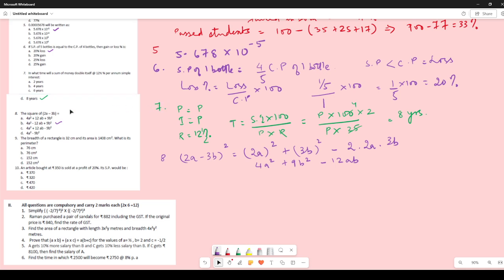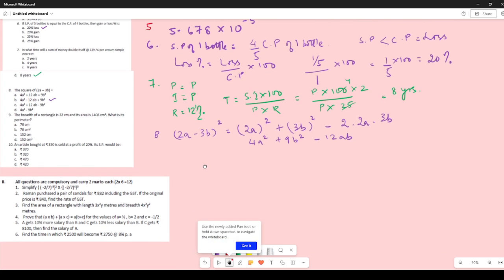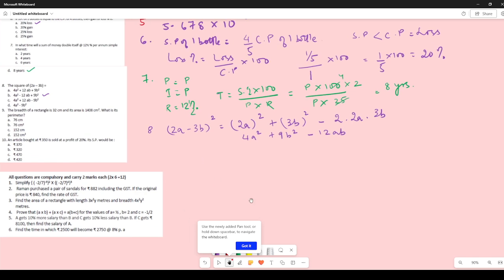Now let us check this out. The breadth of a rectangle is 32 meters and its area is 1408 square meters. So what is the perimeter? So we find the length first. Area is given to us.